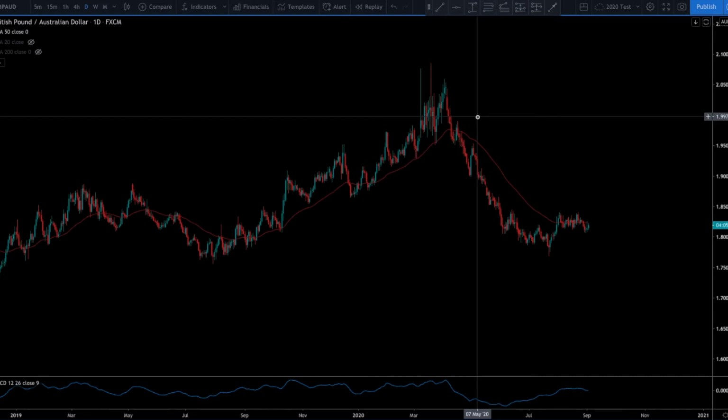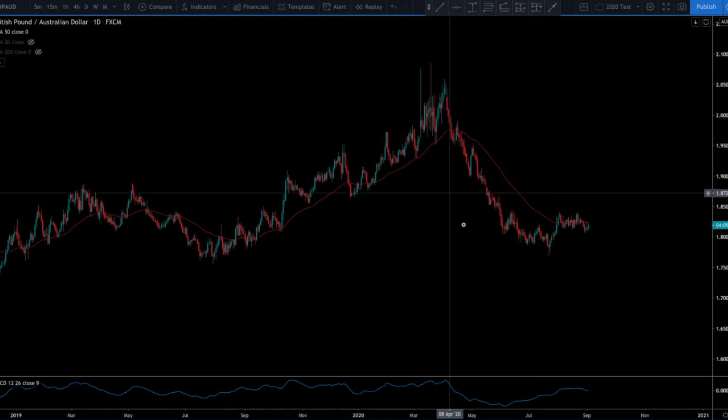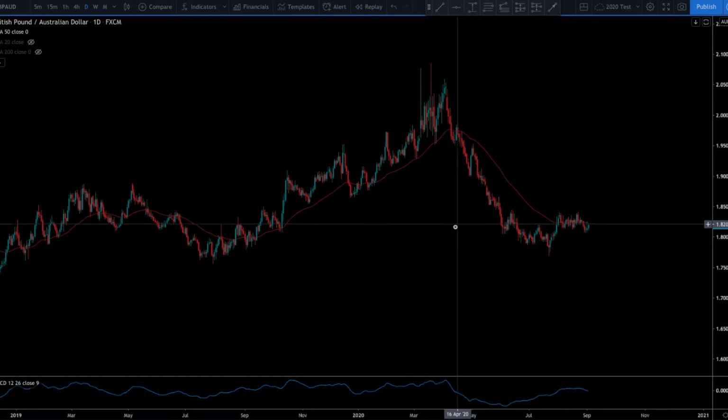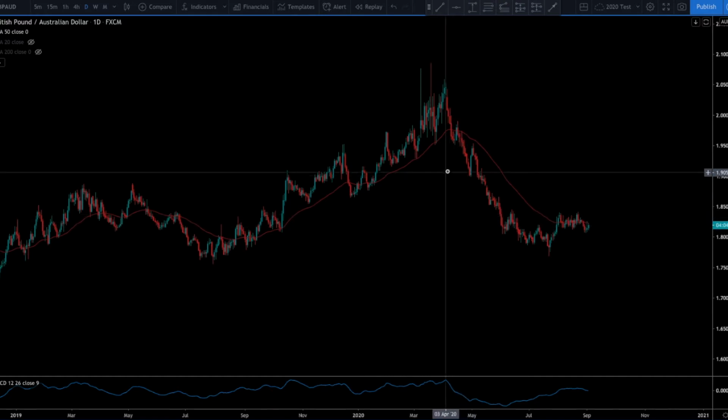On a 1 hour chart, the 50 EMA is going to average the last 50 hours of data, and it just forms an average line. The EMA is an exponential moving average, and it puts more emphasis on the most recent data, so the line looks a little different than a simple moving average. I've always used the exponential moving average. That's what I was taught and how I learned.